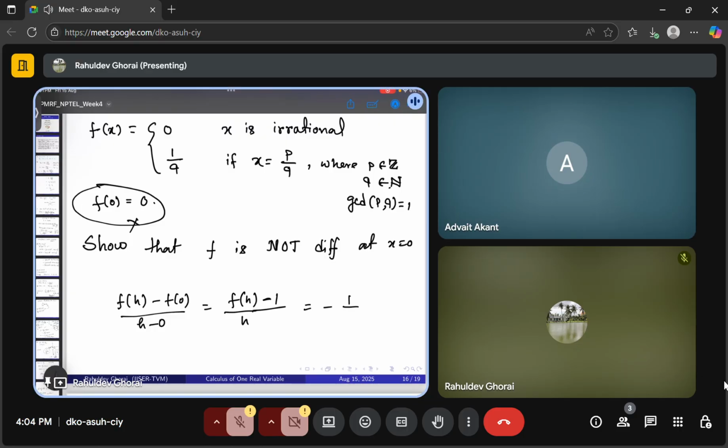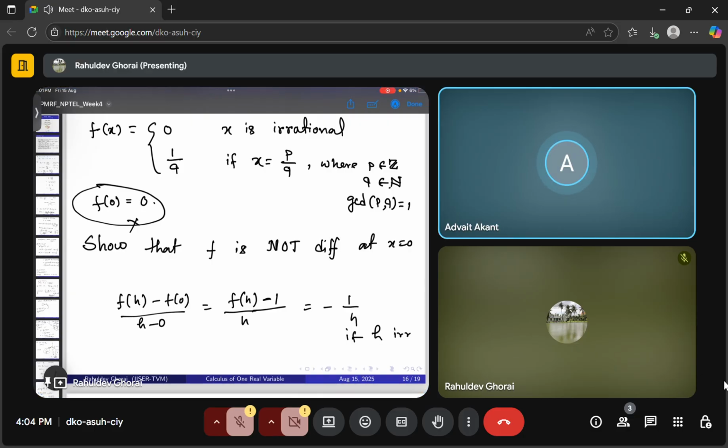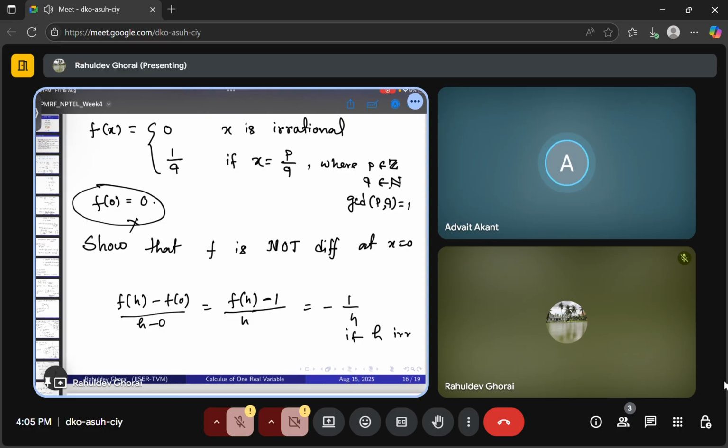That will be minus 1 by h if h is irrational. So the derivative obviously does not exist, because we can find some irrational sequence which converges to 0, but this does not converge anywhere.